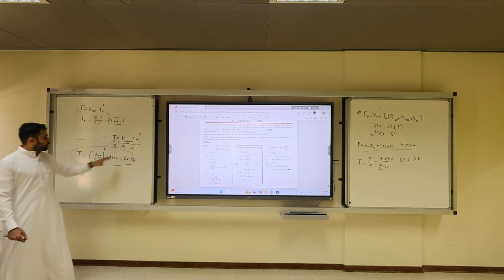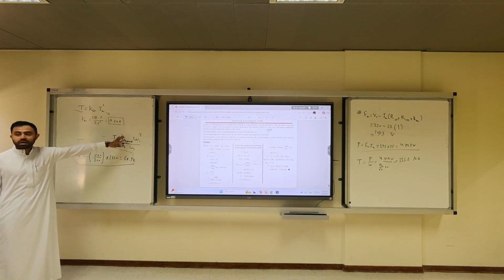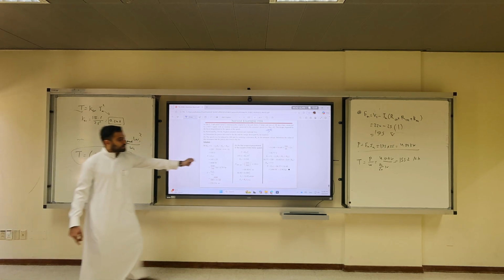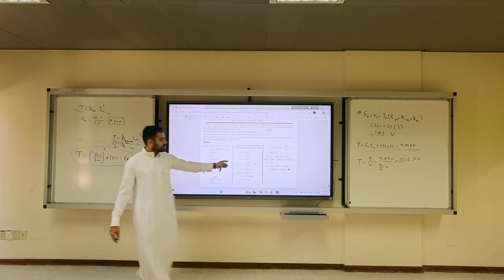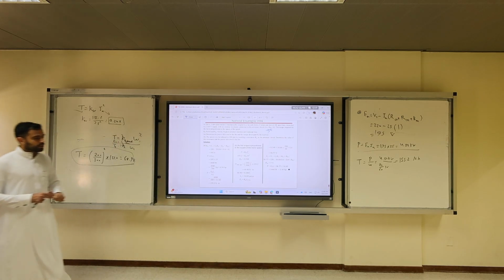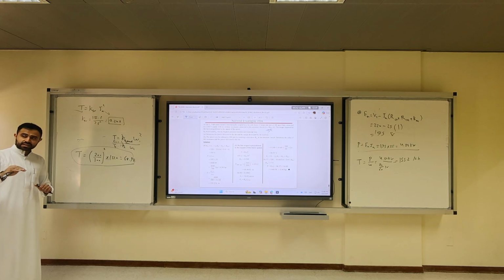Solve it and the constant of the fan will cancel. That's the professional way, and this is the shortcut way. So T2 is omega 2 over omega 1 squared times T1. You can write it as a formula. But a smart student will understand that if we decrease the speed, we decrease the torque. I said in the video that if you increase the speed, you decrease the torque, that's wrong. If you decrease the speed, you decrease the torque with the fan.